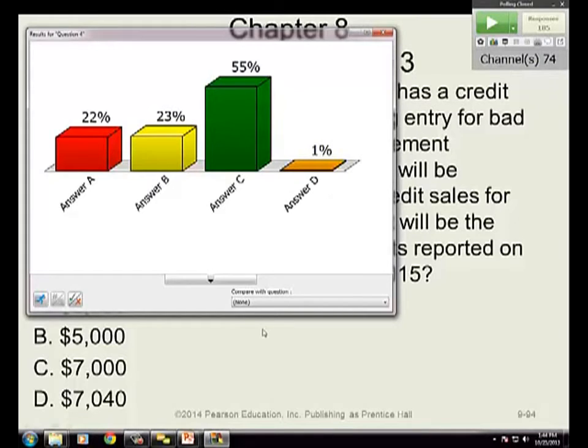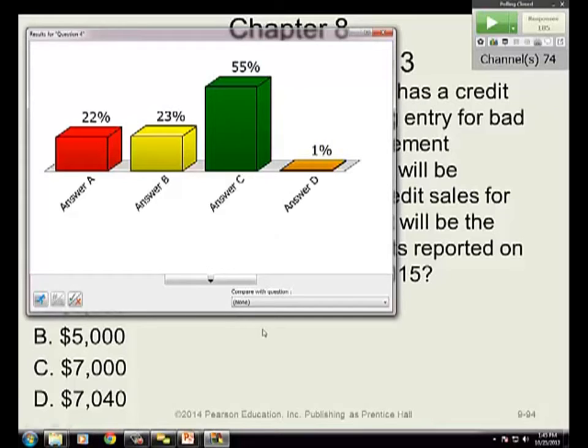All right, well, that's actually right. So let's do that in a systematic way. There's your beginning balance, and remember the percentage of credit sales approach is going to give you the target bad debt expense, not the target allowance.